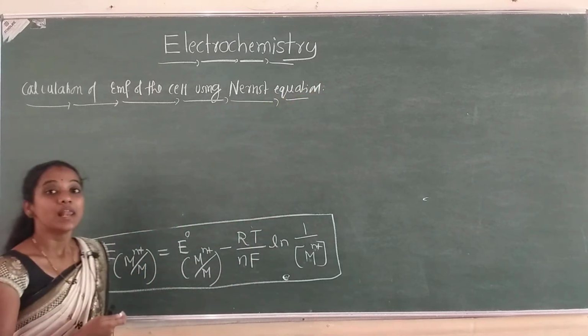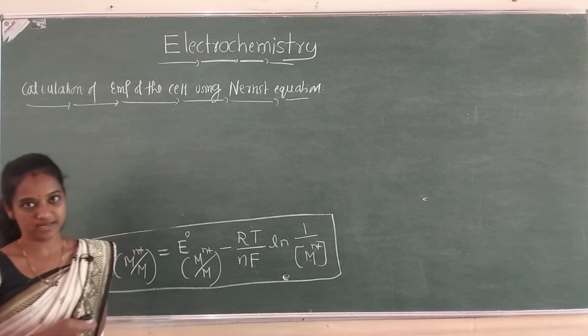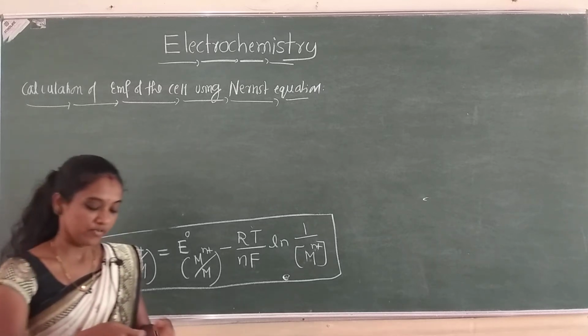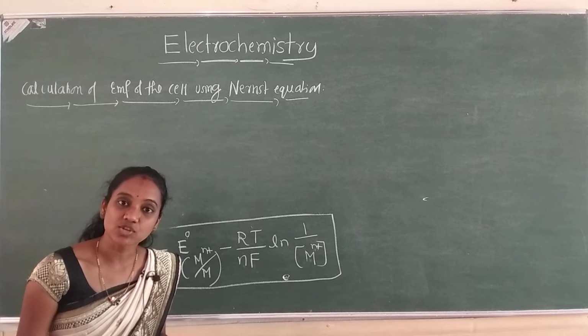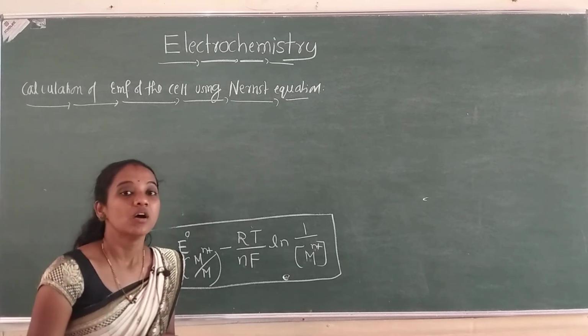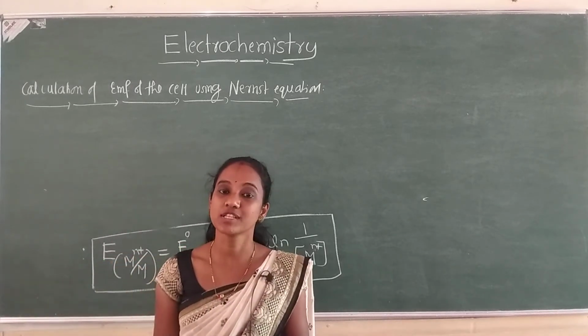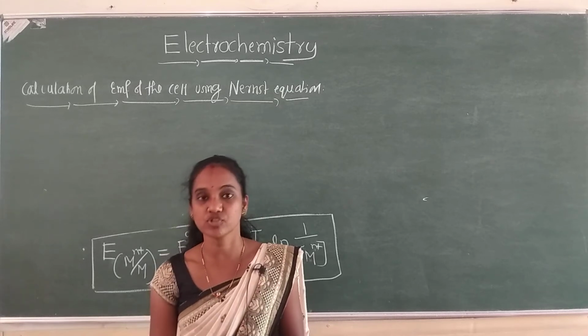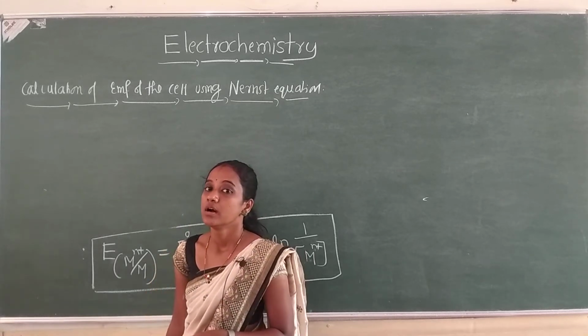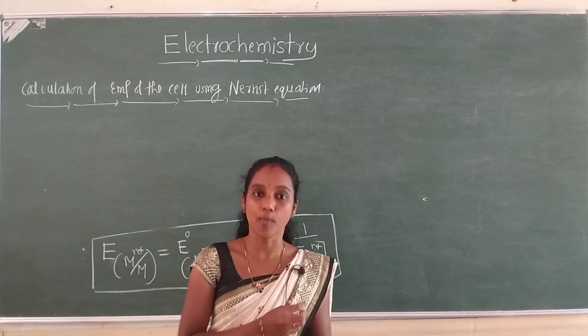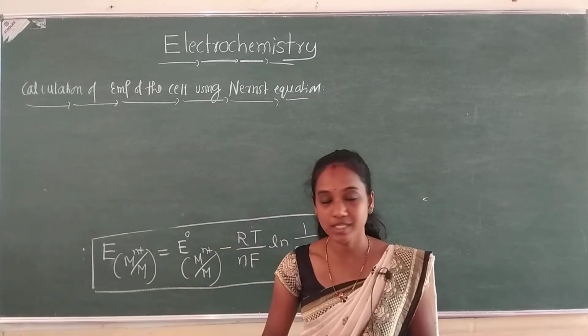Now let us consider a Daniell cell. In a Daniell cell, we know that it consists of 2 electrodes, isn't it? One is a zinc electrode dipped in zinc sulfate solution, and the other is a copper electrode dipped in copper sulfate solution.